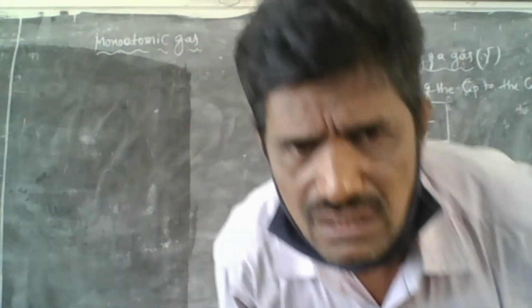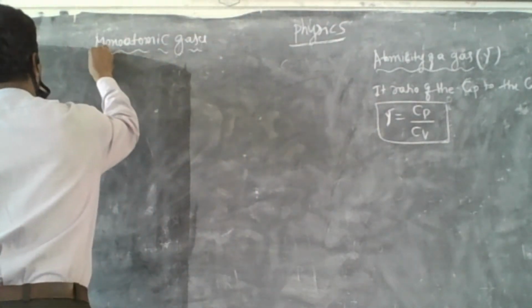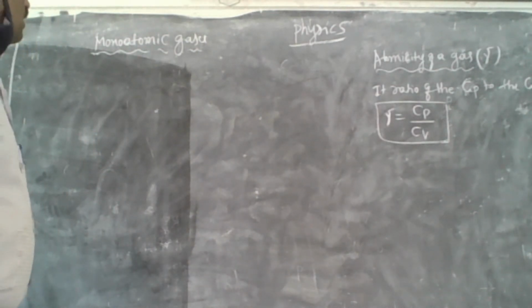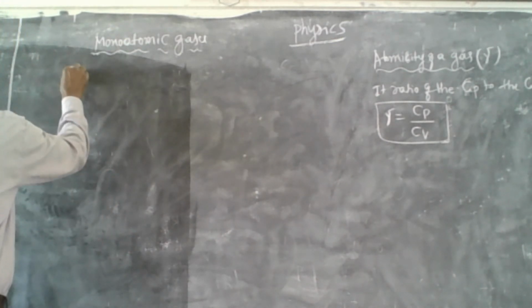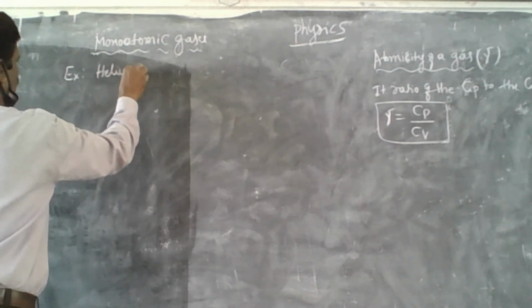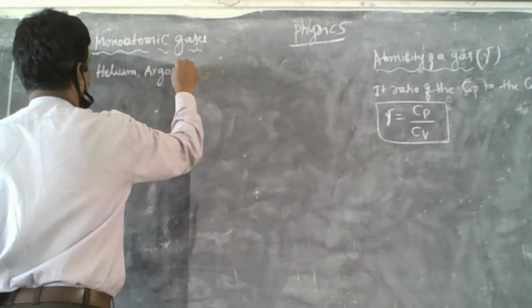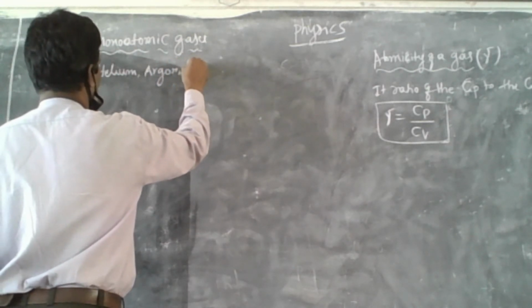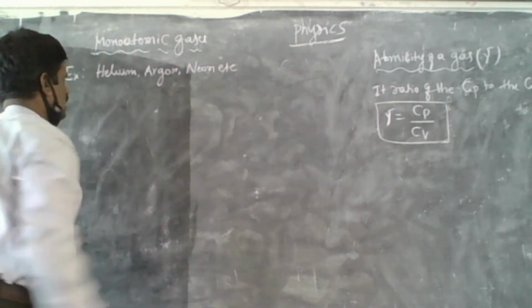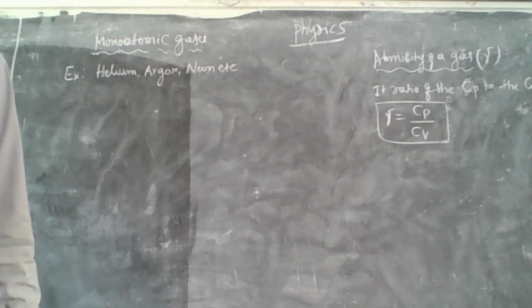Monoatomic gases. Examples for monoatomic gases are helium, argon, neon, etc.